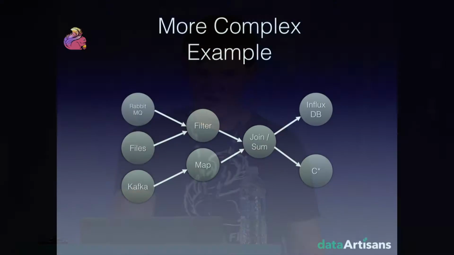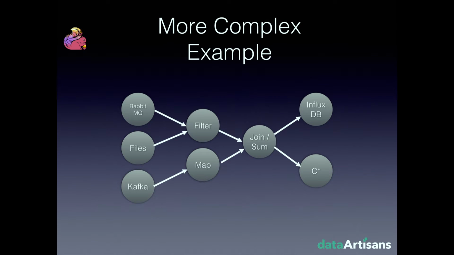Okay. So in the real world, we don't just do this. We actually string multiple stages of these things together. So maybe we're reading from a queue like RabbitMQ, files on HDFS, maybe we're reading from Kafka. We do maybe filter and map on a couple different streams. We can join streams together just like a database join. We can compute windowed aggregates, all of this kind of stuff.